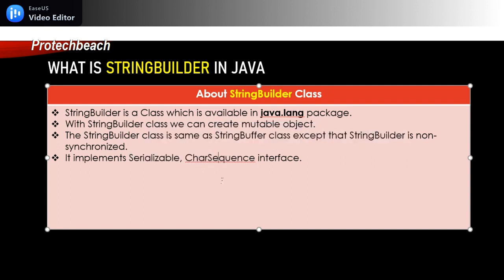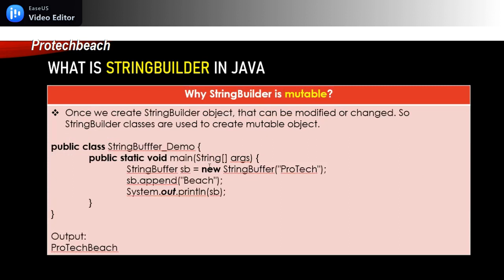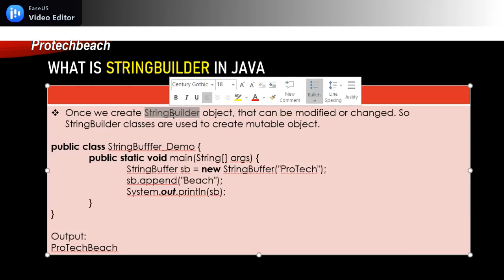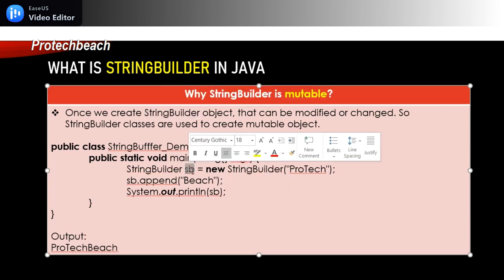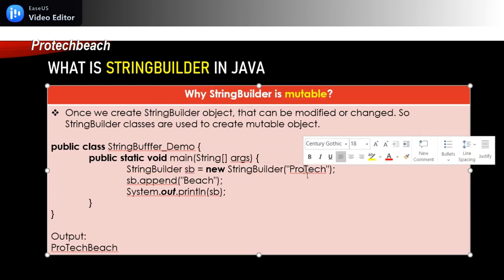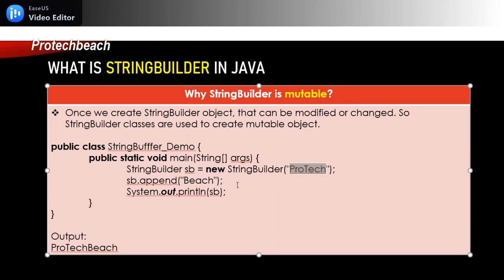I have already created a video regarding the StringBuffer class. So once you are good with the String class and StringBuffer class, it will be very easy for you to catch the StringBuilder concept. As we already said, once you create a StringBuilder object, we can modify it. You can say that it is a modifiable object, or a changeable object. I have created an object for StringBuilder by passing some string data, and I have just appended to it.